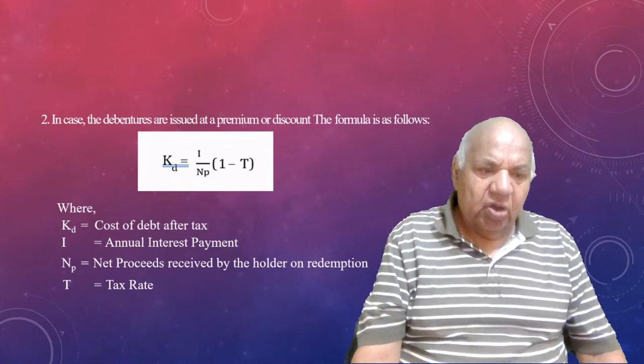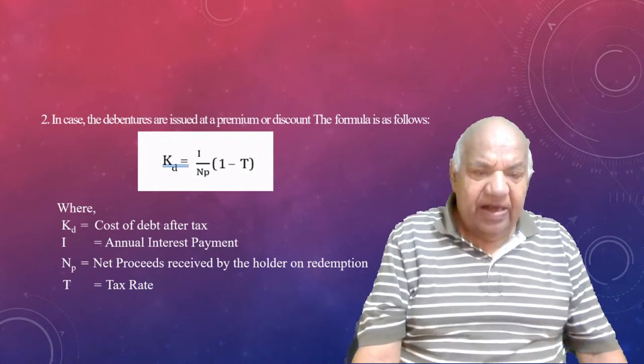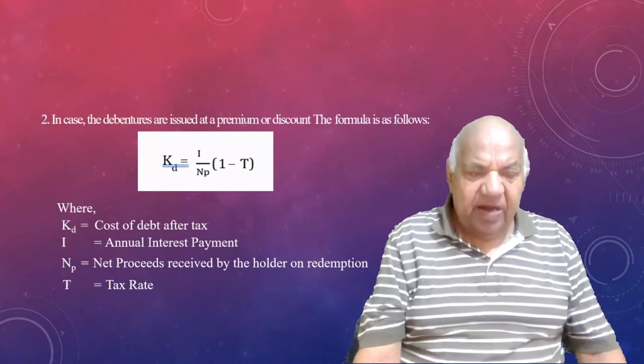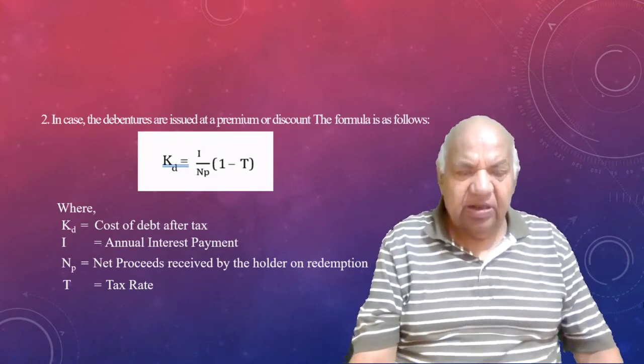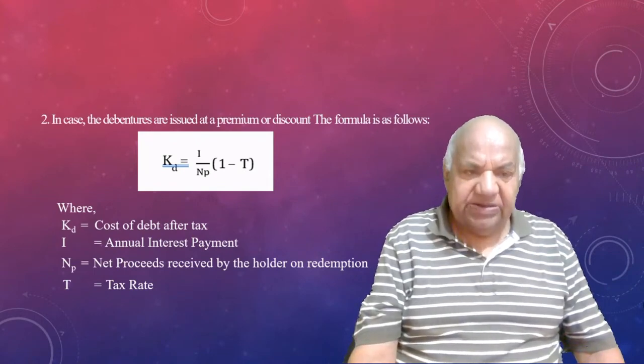Therefore, cost of debt after tax is the annual interest payment divided by net proceeds received by the holder on redemption, multiplied by 1 minus the tax rate.